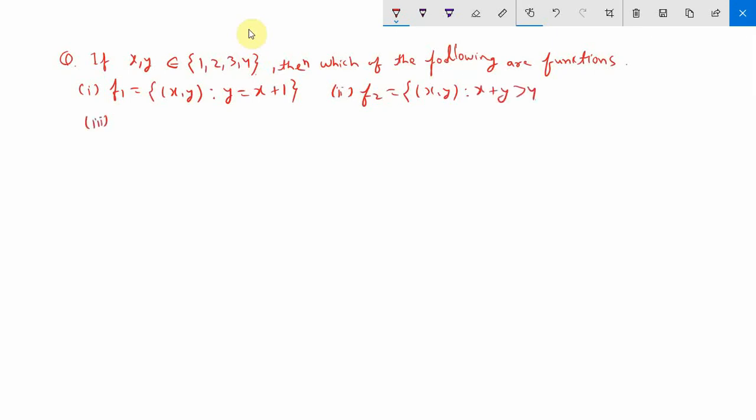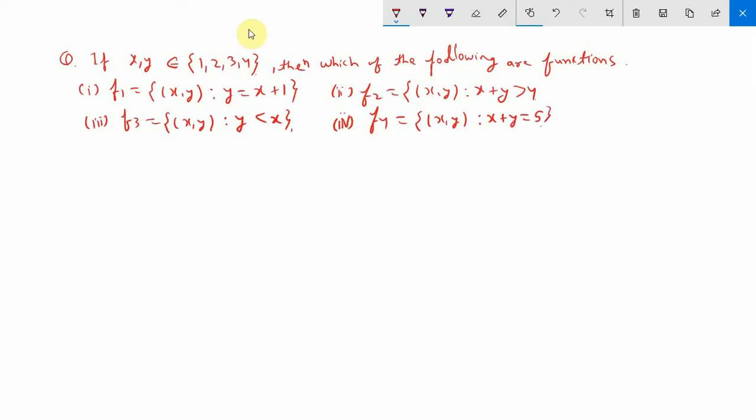Third one, f3 equal to xy such that y is less than x. And fourth, f4 is equal to xy such that x plus y equal to 5.